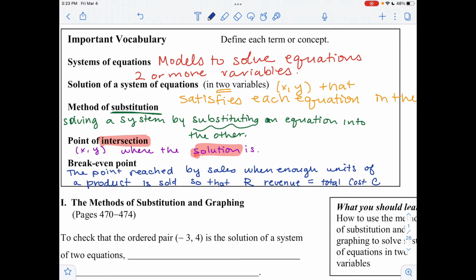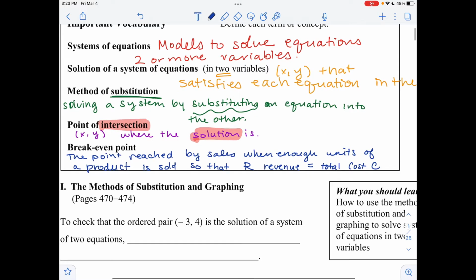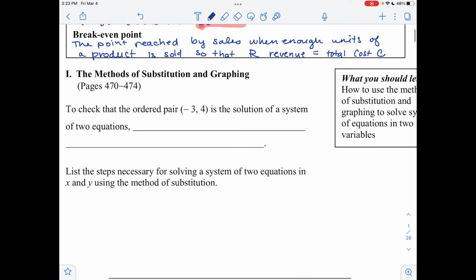So the break-even point is when a company sells enough to pay for their costs so that it's not costing them anything.